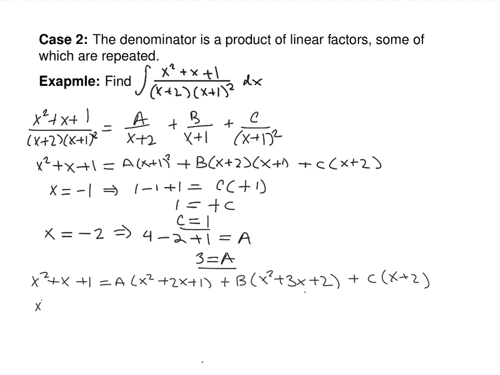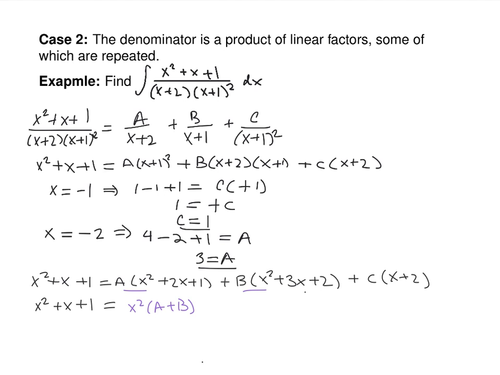And it helps to be a little bit fast to save yourself some writing to figure out who's who. So for example, I'm going to have these x squareds, and I'll have ax squared plus bx squared, so that's x squared times a plus b.